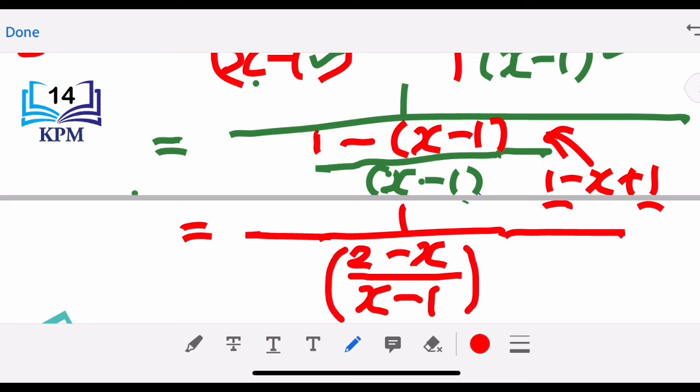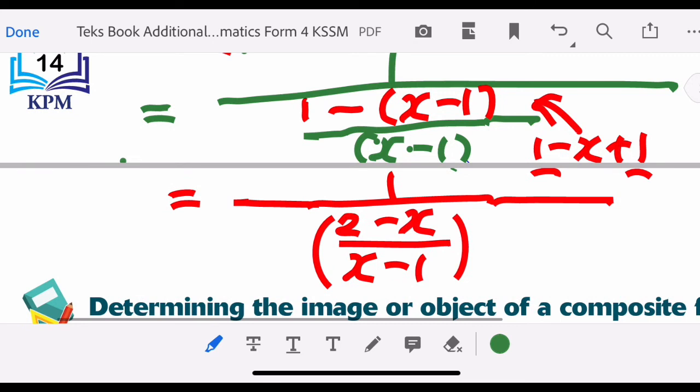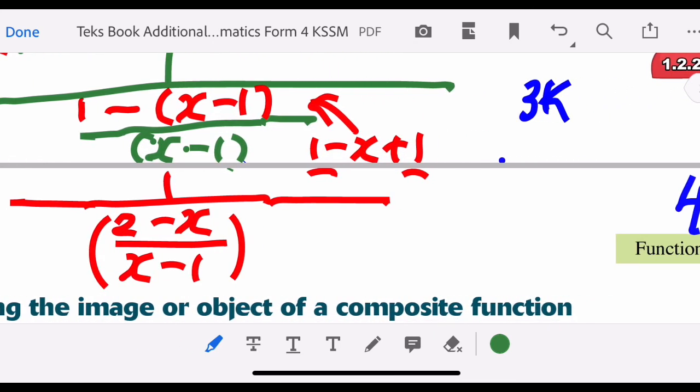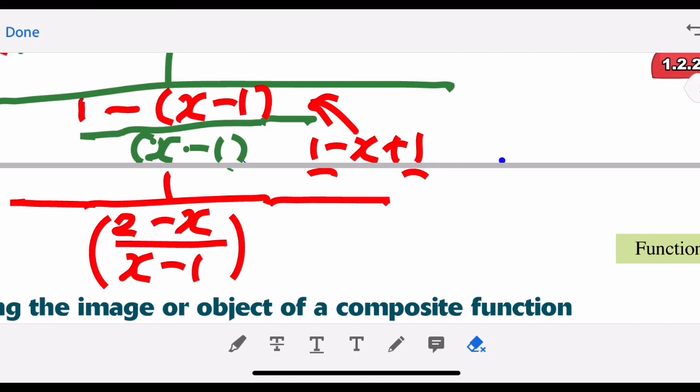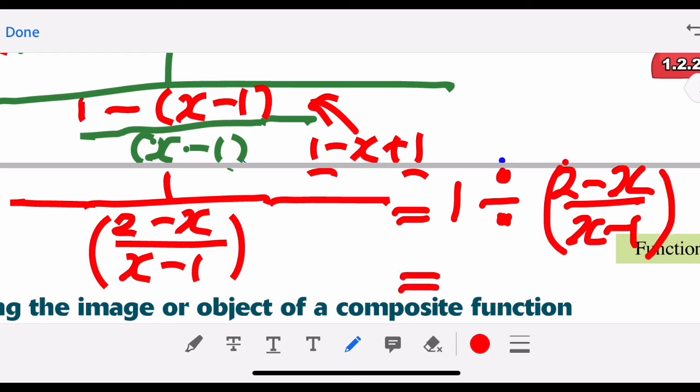Got it? For you it is actually a bit complicated because you have the 1 over. When you have 1 over something, you can invert. Do you know that? If you don't understand, you can write 1 divided by 2 minus x over x minus 1. Then you can understand why you have to reverse or invert the thing.